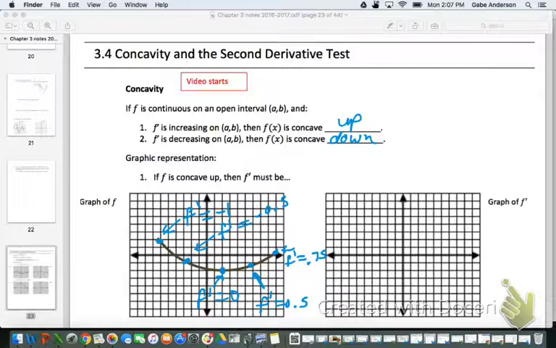Something like that. So you can see that pattern in f prime is continuing on. For this whole interval, f prime is increasing from -1 to -0.5 to 0 to 0.5 to 0.75. That's clearly an increasing pattern, and what goes along with that is that the graph of f is concave up. The concavity that you see through here is facing up, concave up.